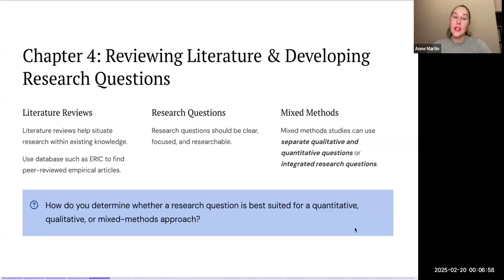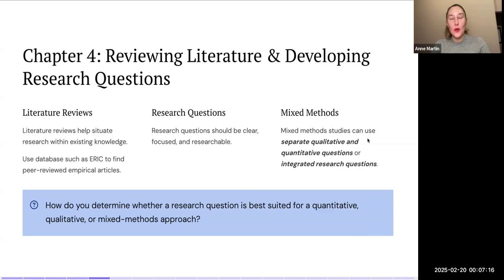Your questions should be clear, focused, and researchable, so they have to be able to be answered with empirical research. We talked about some examples in chapter 4 of questions that are not answerable through research, and so I'm making sure that your question is answerable.